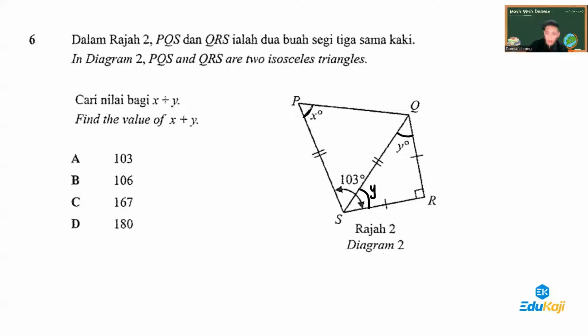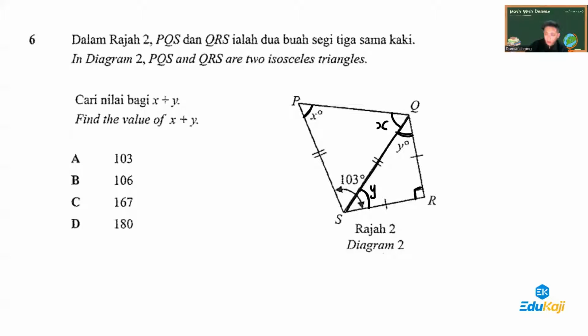And if here is x, here would also be x. First, I cannot find x plus y straight away. So what I can do instead is find y first, because I have the 90 degrees here. I know here is y, here is y.